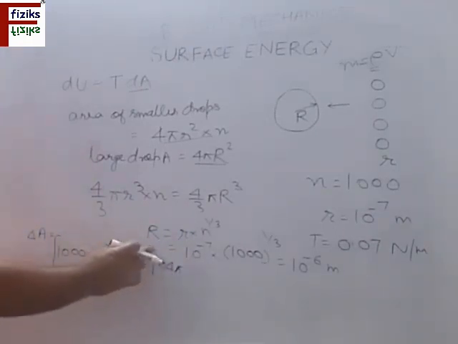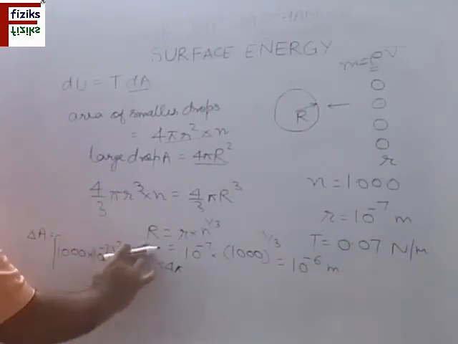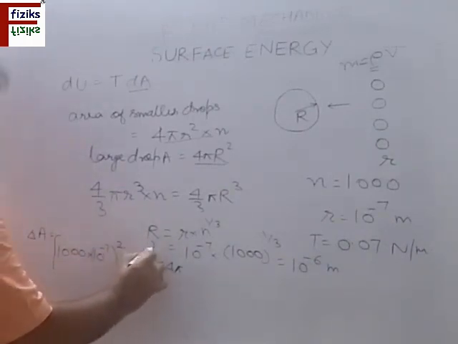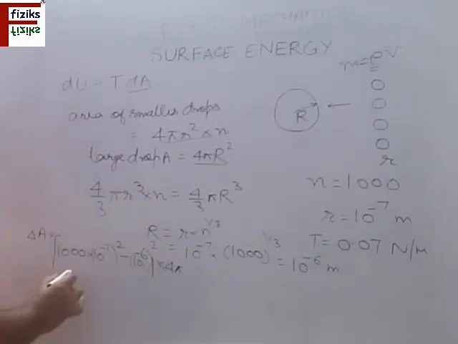Ten to the power minus 6 and square of that. So this gives you the change in area, and this will be equal to 36 pi into 10 to the power minus 12.